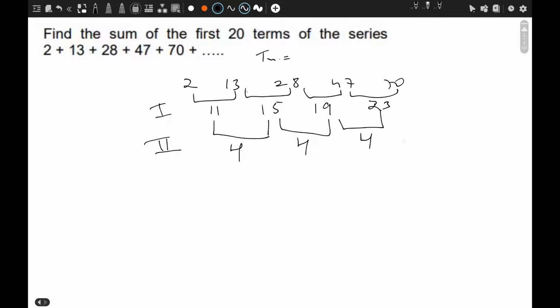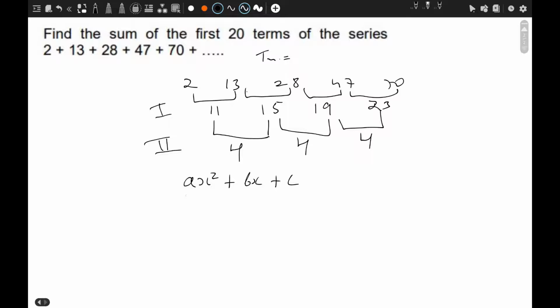So the generalized term we get is going to be a quadratic equation, which means it is of second degree, that is, it will have n square in it. How can we proceed further? Since this is an equation of second degree, the generalized form is ax square plus bx plus c.